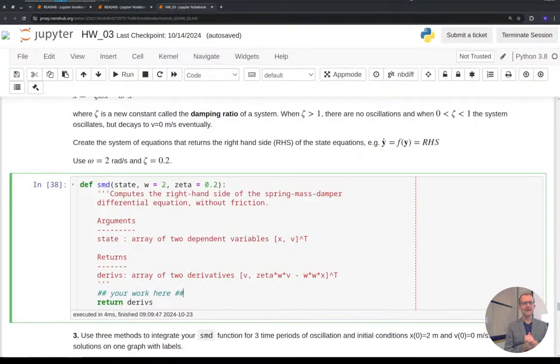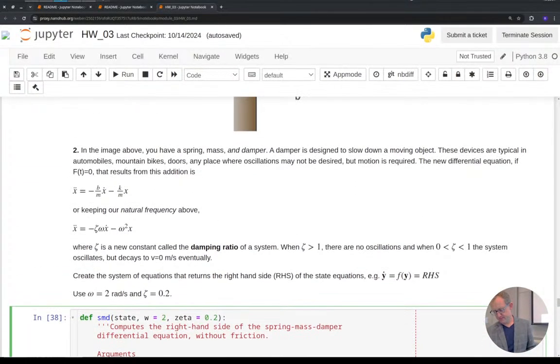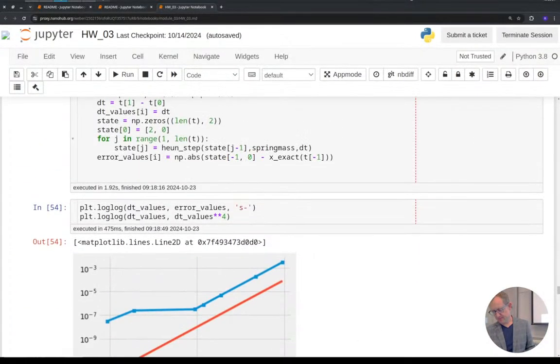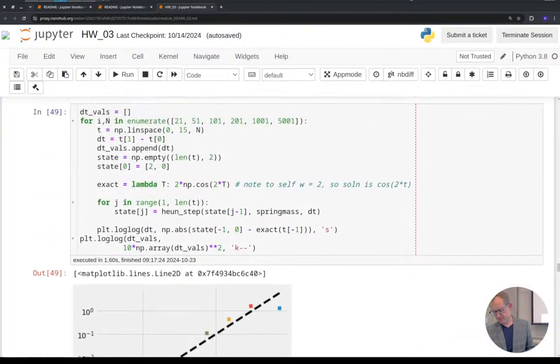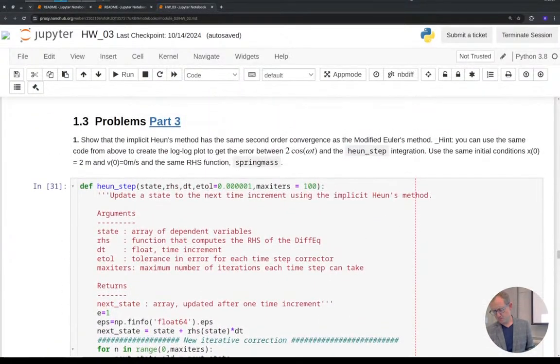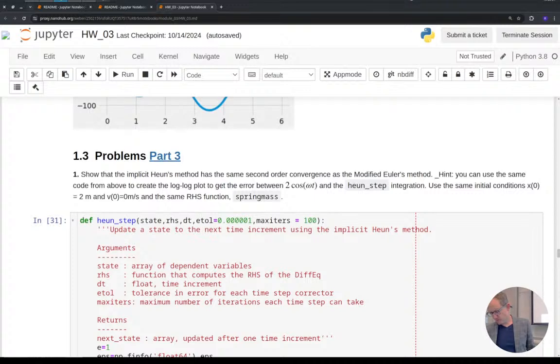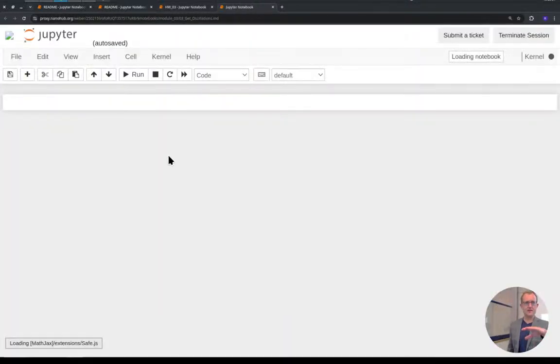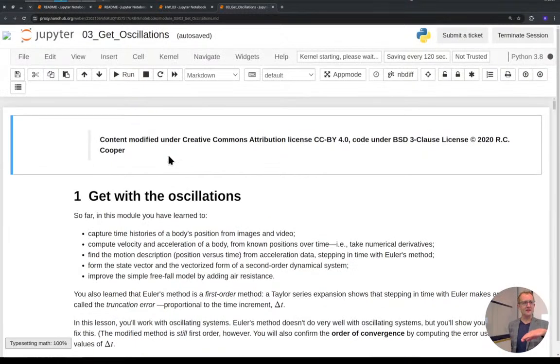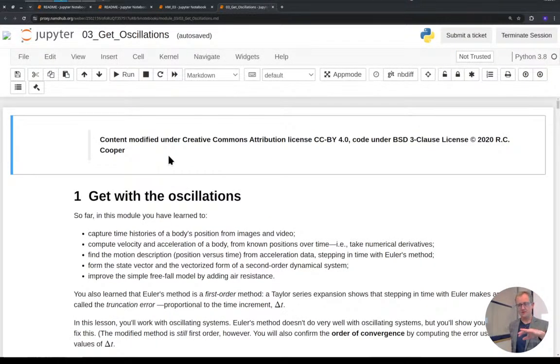Was all that for 1.3 question 1? All that spring mass stuff? In our homework, it talks about using the same code from above, and it's talking about some function spring mass, but we don't have that. Oh, sometimes I say "above" because the questions used to be at the bottom of the readings, but spring mass is in this get oscillations reading.